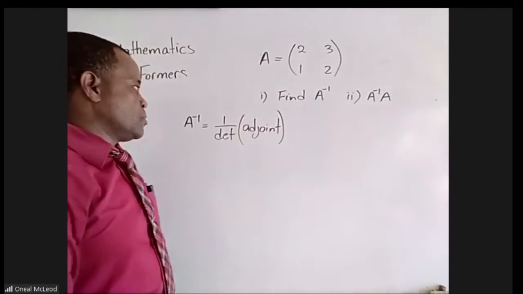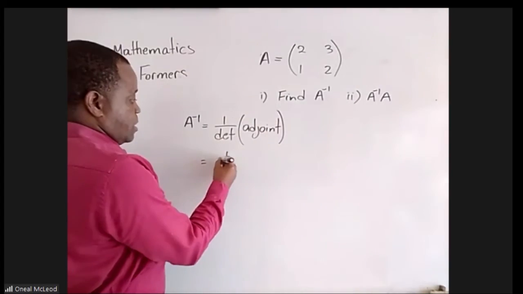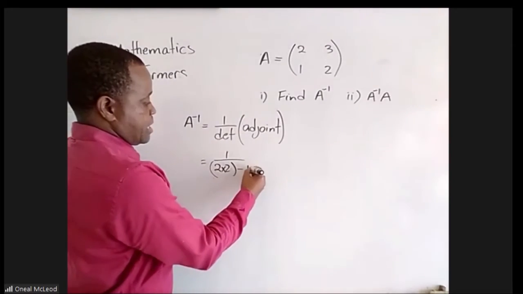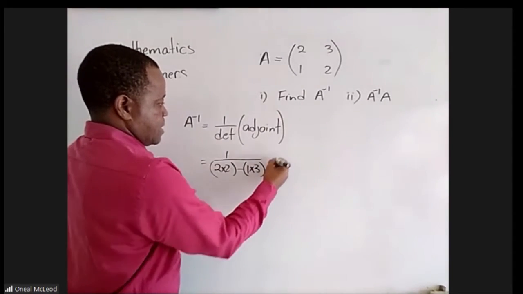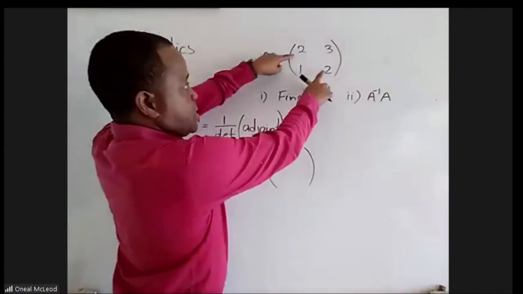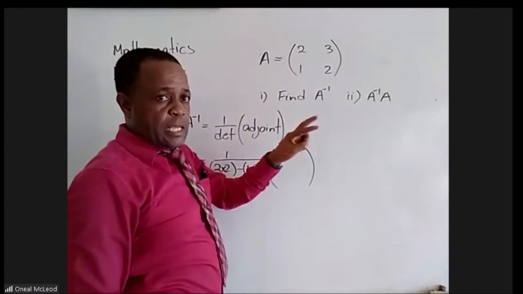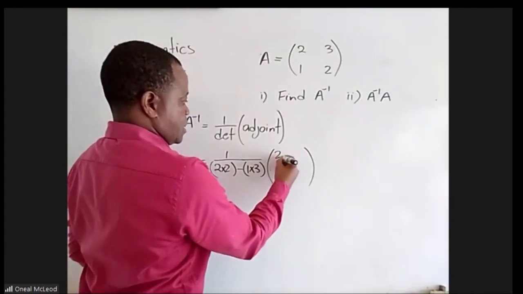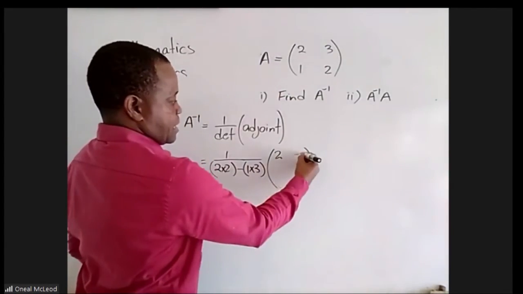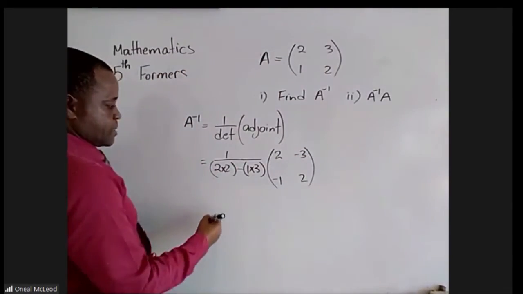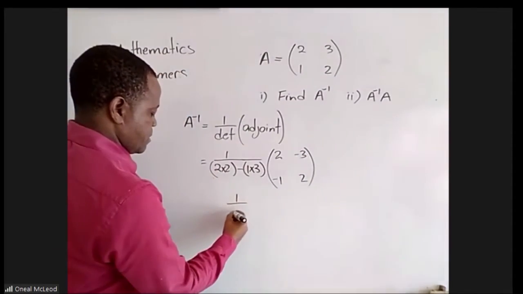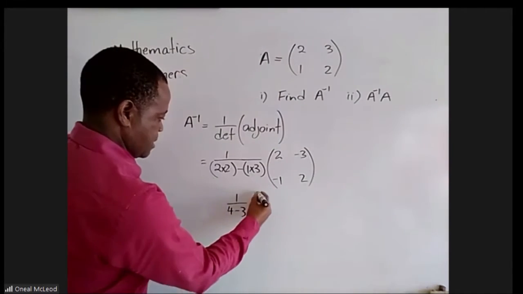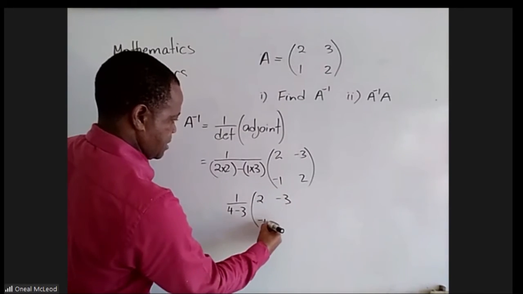It will help you. So let's go. 1 over 2 times 2 minus 1 times 3, times the adjoint. The adjoint is to interchange the leading, but if you notice, the leading elements are the same, so we don't need to do anything there. So it's going to be 2 and 2, -3, -1.